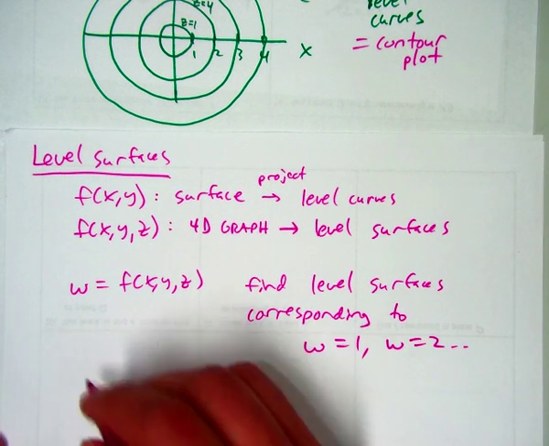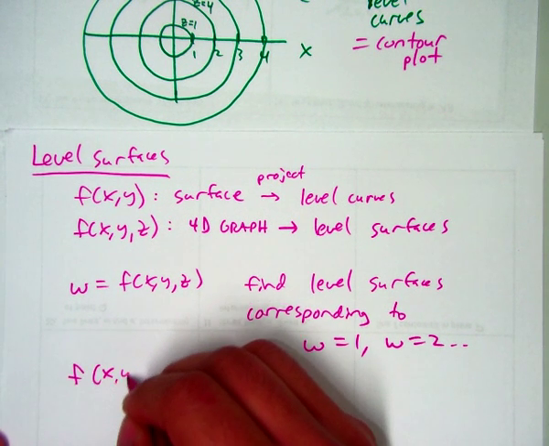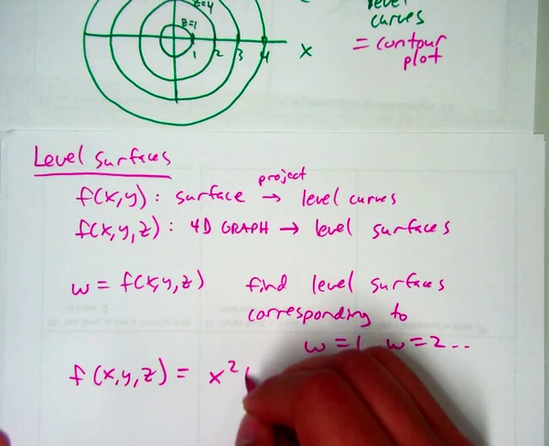Let's say the graph is f of x, y, z equals x squared plus y squared plus z squared.